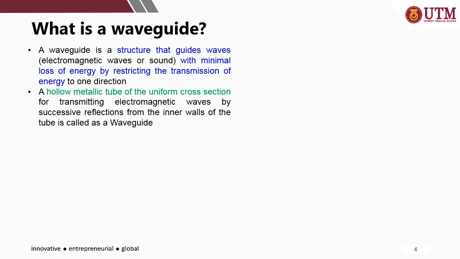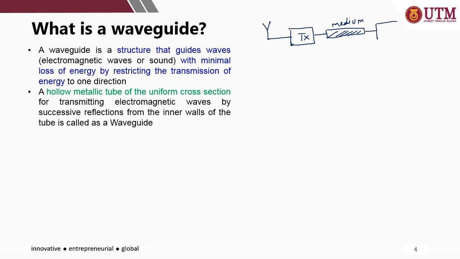So what is a waveguide? Okay, so last time I mentioned that in a communication system, you have the transmitter, the transmitting antenna, and a transmitter system which consists of the coupler, the filter, etc. And the signal will be transmitted via a medium, either free space or a guided structure, and the guided structure is called a waveguide.